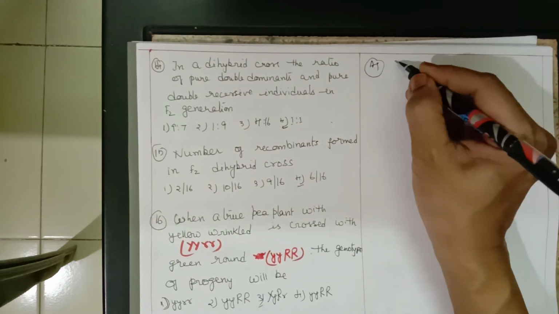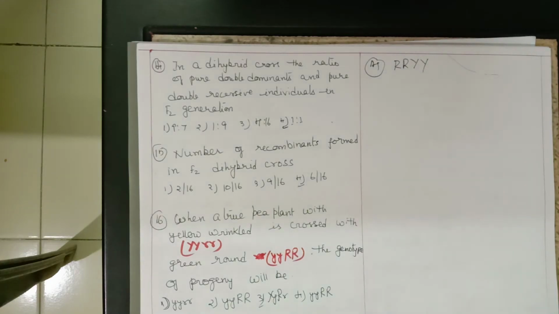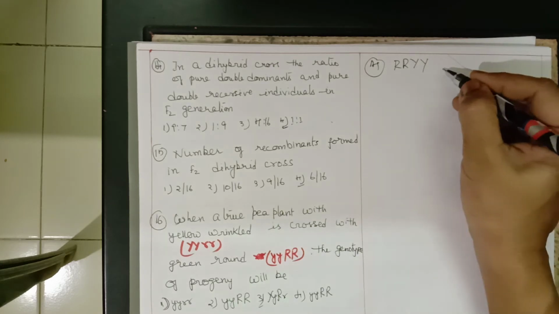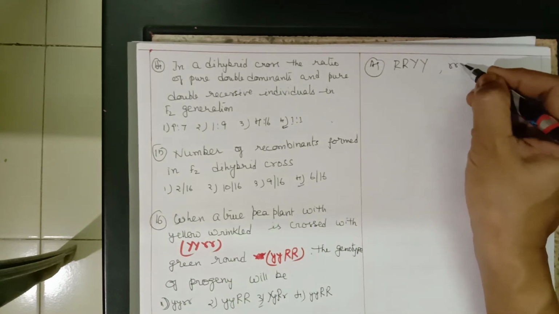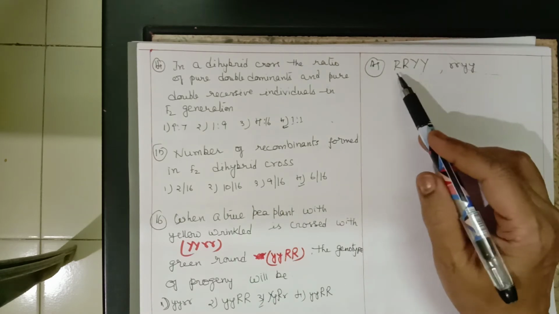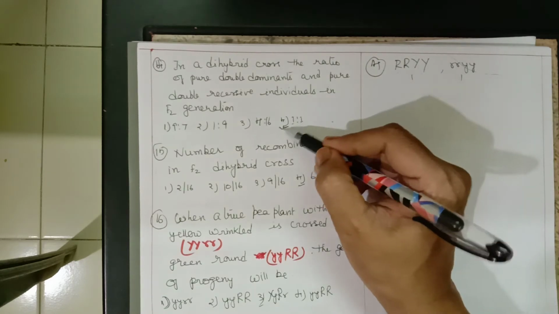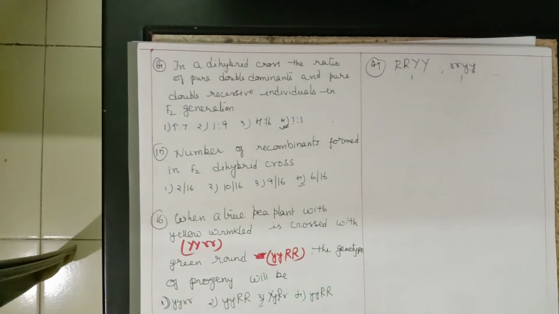Pure double dominant is capital R capital R, capital Y capital Y, and pure double recessive is small r small r, small y small y. This is round and yellow, and wrinkled and green. We find only one of each genotype, so it will be 1:1.